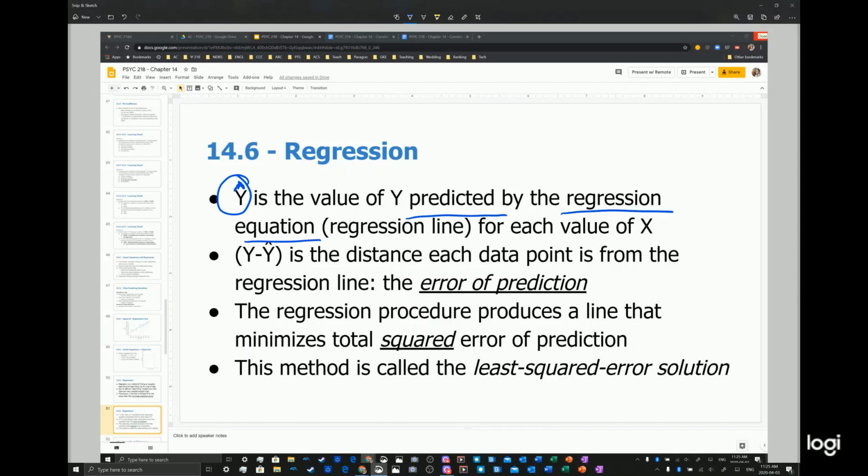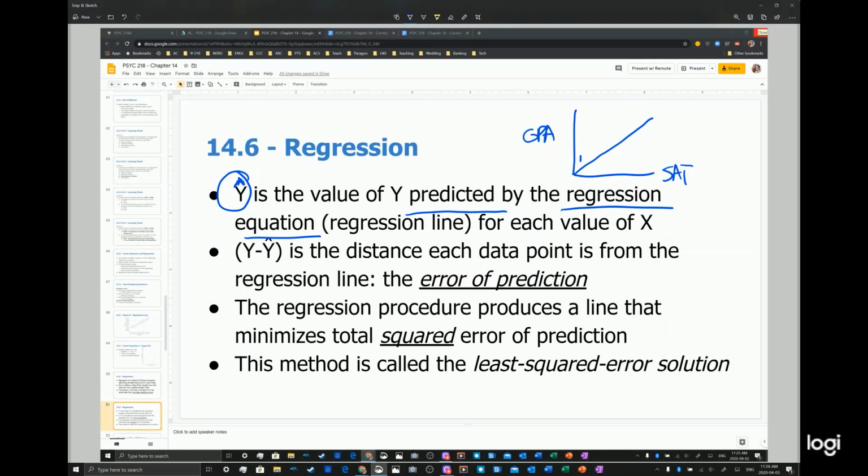What that means is, for example, if we predict that there's a linear relationship between SAT scores, some sort of admissions test, and the college or university GPA, and we predict it to have a strong positive correlation, that as you score better on your SAT, you're going to do better in your GPA, then you would expect the actual data points to be close to, if not touching, the regression line.